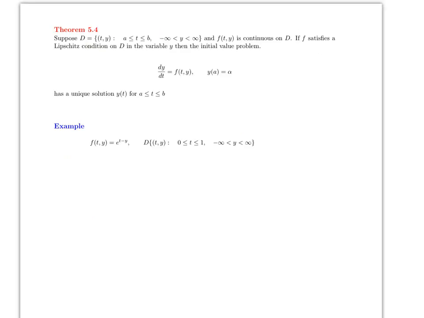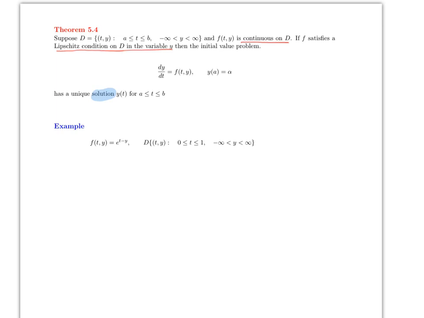Now let's take a look at Theorem 5.4. Suppose that D is a convex set and f of t, y is continuous. If f satisfies the Lipschitz condition, which we talked about twice already, on D, in the variable y, then the initial value problem has a unique solution.